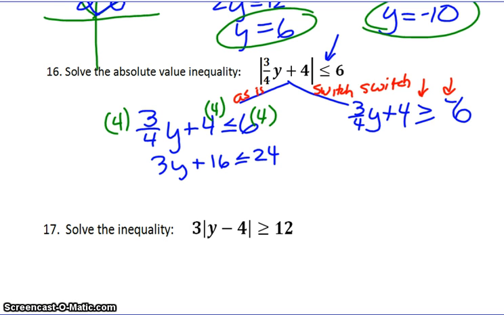I'm going to subtract 16 from both sides. I kind of do this nice and small here. 3y is less than or equal to 8 is what we'd have left. And you're going to have a fraction, 8/3. That's all right. Fractions are fine. We like our fractions. Here, we're going to again multiply both terms by 4.